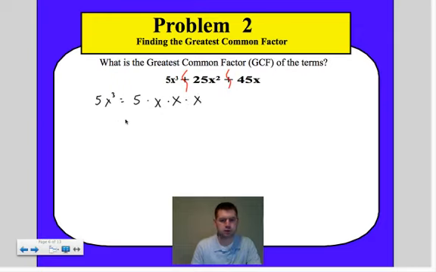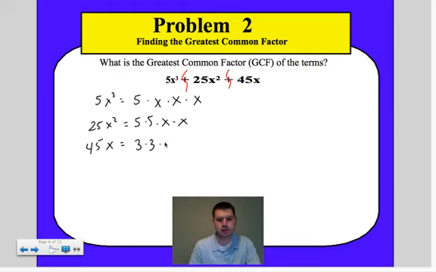So 3 x's and one 5. 25 is going to be 5 times 5, and then we have times x, so that one's only squared. And then you have 45x, which in prime numbers is 3 times 3, which is 9. 9 times 5 makes 45, and then you have times the x.